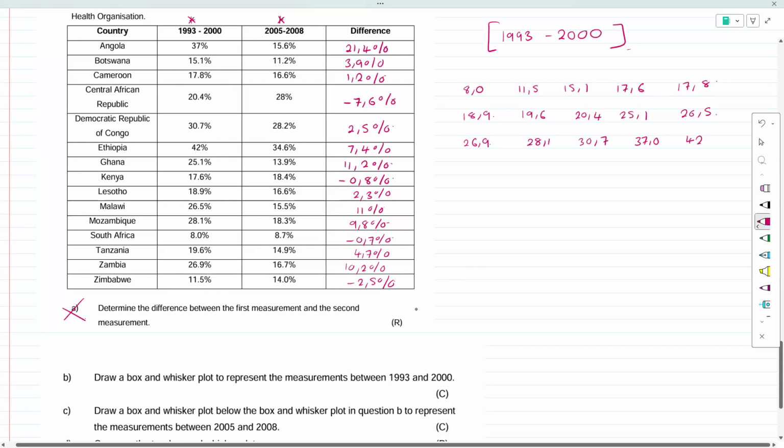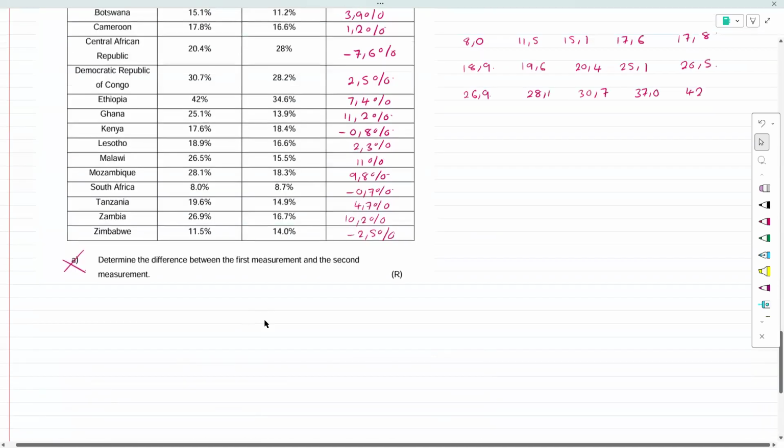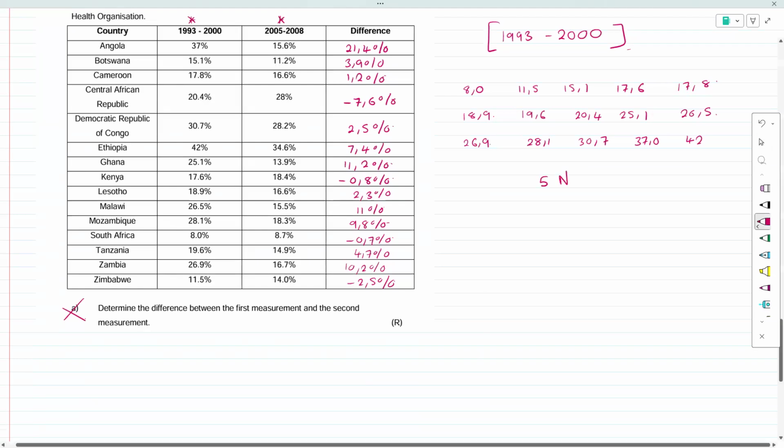The next is something you and I need to learn. This part might be a bit difficult at the start, but I'd like to teach you a formula that maybe you didn't learn as yet, or maybe you did, and that's fine. Any box and whisker diagram needs a 5-number summary.